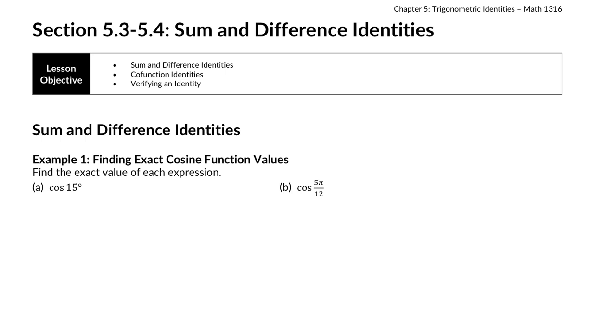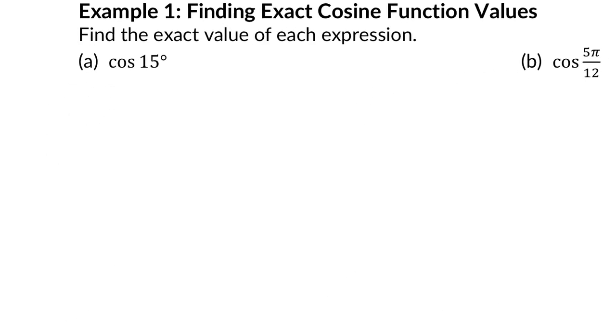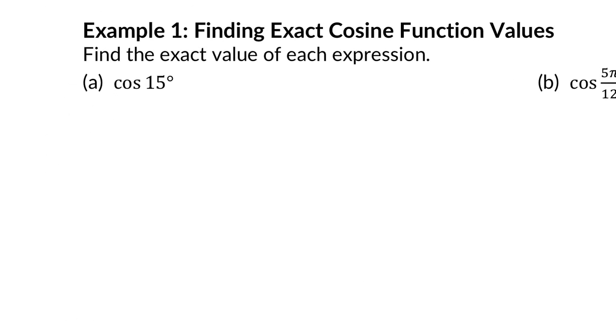So here's how we do it. We need to think about how to make 15 degrees out of angles that you do know from your unit circle. So what angles are we pretty confident about in our unit circle? Maybe look at quadrant 1. 30, 45, 60. Can we make 15 by adding or subtracting the numbers 30, 45, or 60?